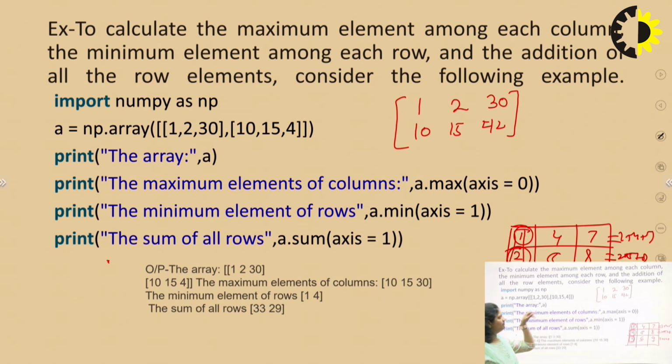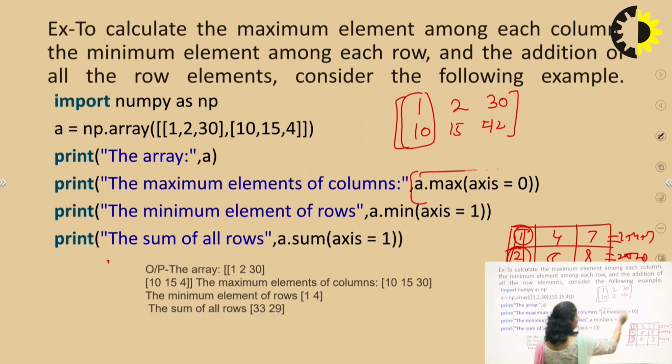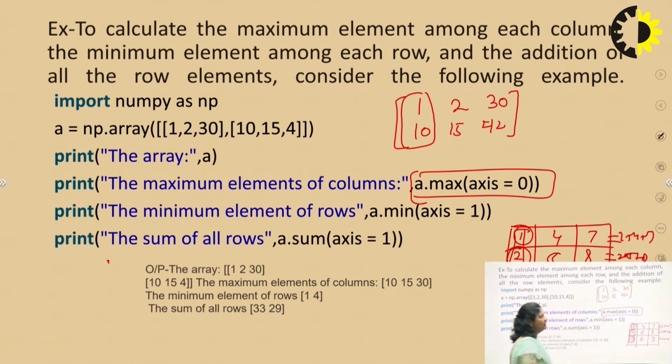Now the maximum element of each column. What method do we write? If we are discussing the column, then we write axis equal to 0, as we discussed in the previous slide: a.max.